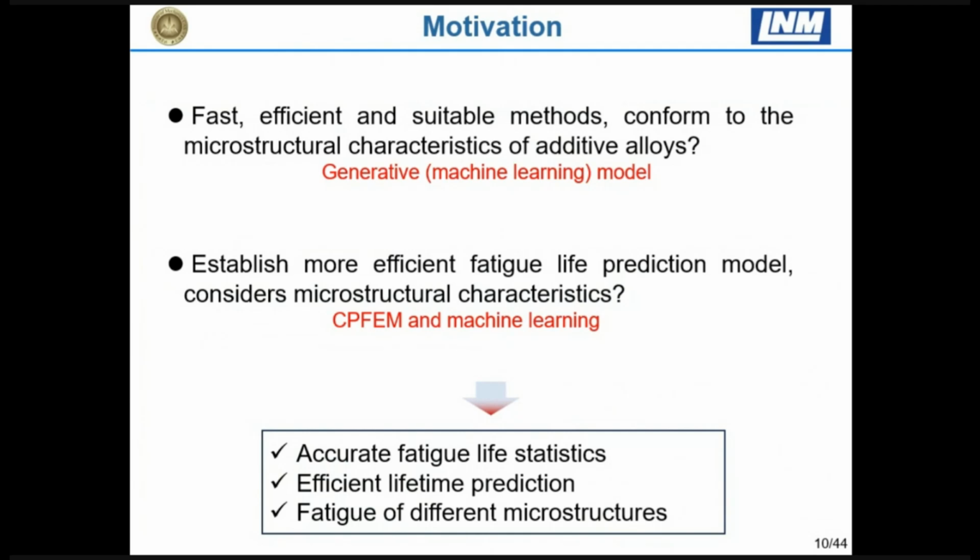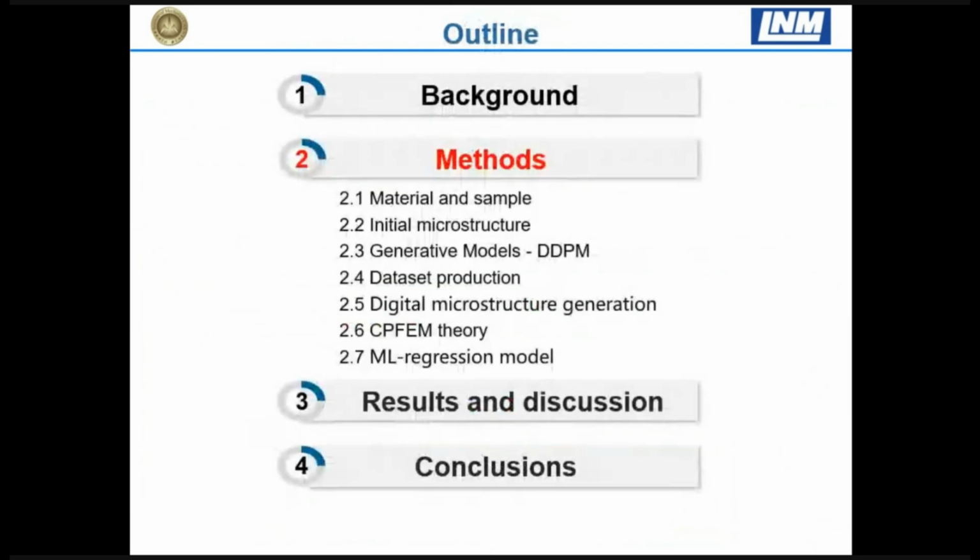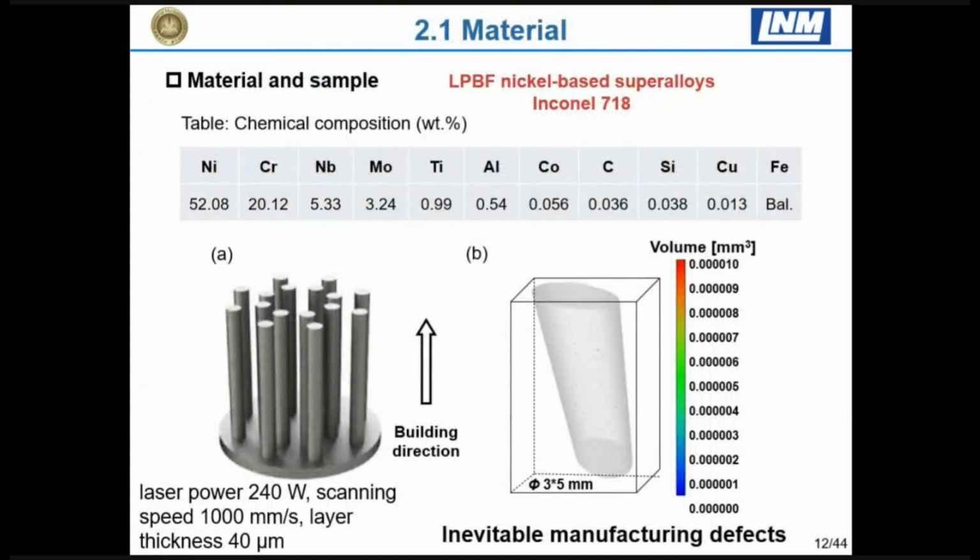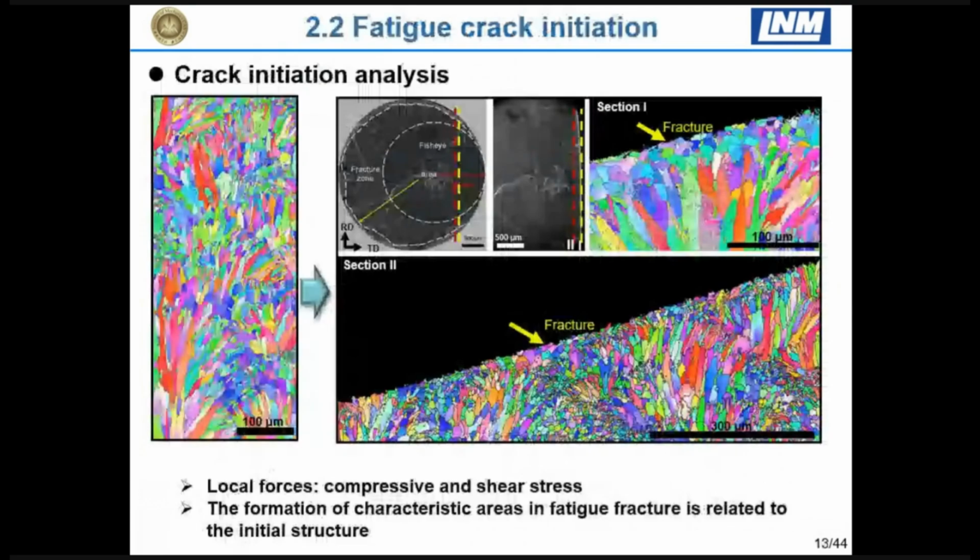So here we use crystal plasticity together with machine learning. The material we use is a laser powder bed fusion nickel-based superalloy. It's a very typical alloy, manufactured with certain parameters, and we observe microstructures, lack-of-fusion defects, and these kinds of effects.